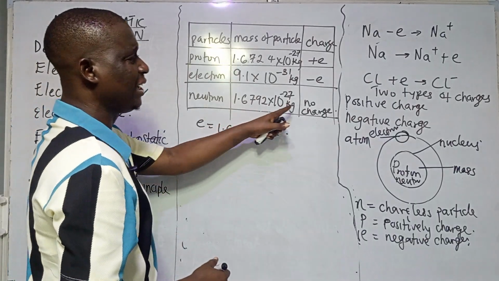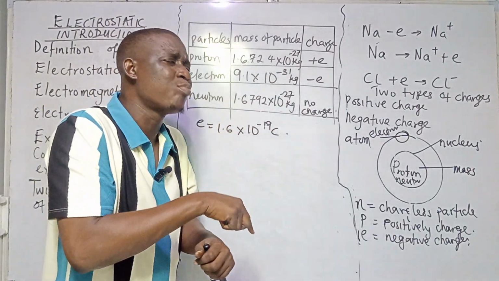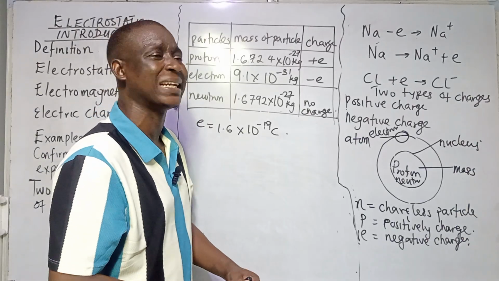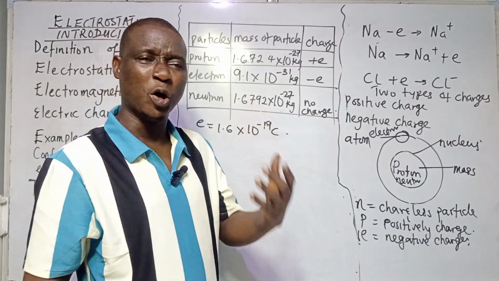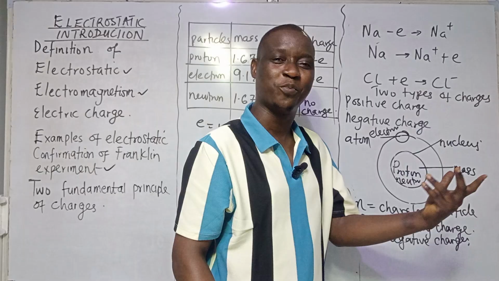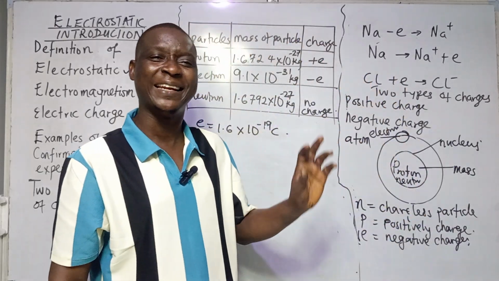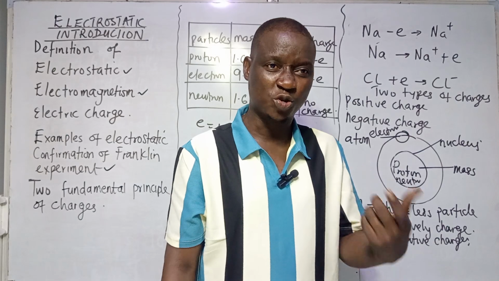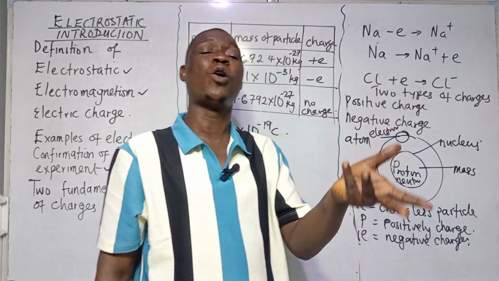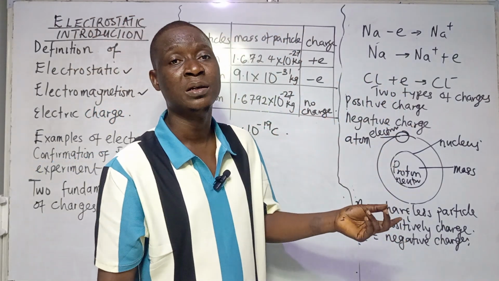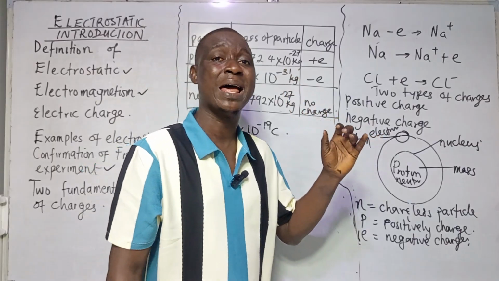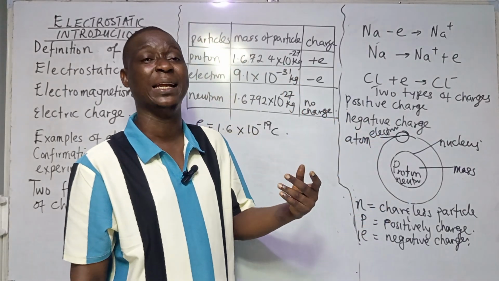Now, I mentioned neutral. An atom can be neutral. A neutral atom is an atom that has the number of electrons equal to the number of protons. So when the number of electrons and protons are equal, we say the atom is a neutral atom. Example of a neutral atom, let's say sodium, before it loses one electron, we have 11 protons and 11 electrons.